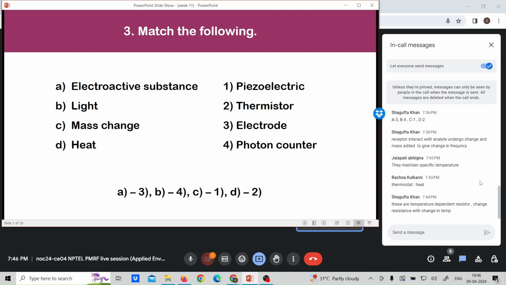The light intensity changes as a result of some change in the analyte, so the light changes directly proportional to the change in analyte. Hence we detect it using a photon counter and interpret the results. I guess the principle of all this and why we use them is clear now. So with that, we'll go to the next question.